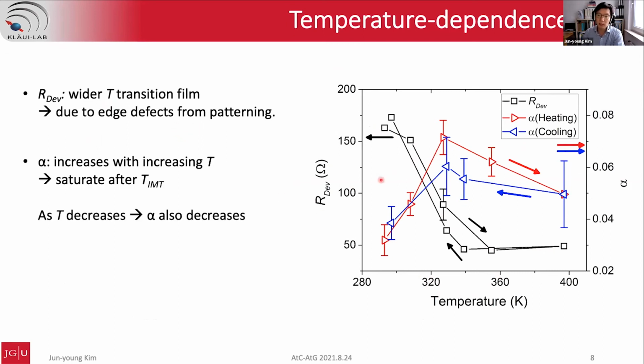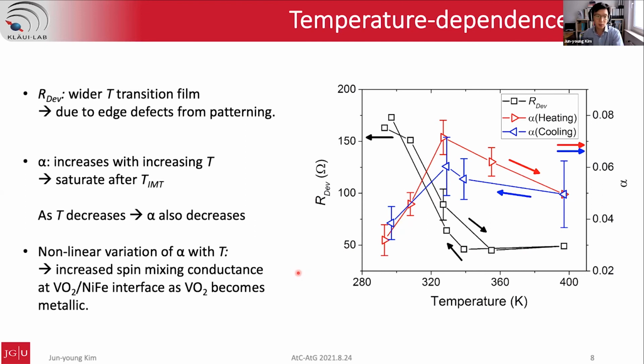But more importantly, the alpha starts somewhere around 0.03, quite close to the Permalloy value, which then increases by around a factor of 2 to somewhere around 0.06 as the VO2 becomes metallic. And then as we decrease the temperature again, it goes back to the room temperature value.